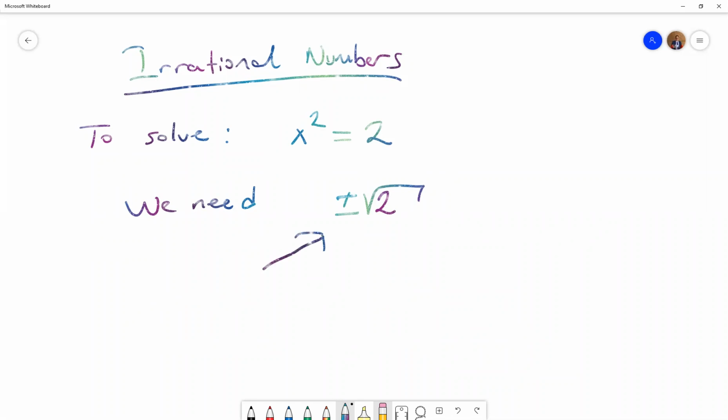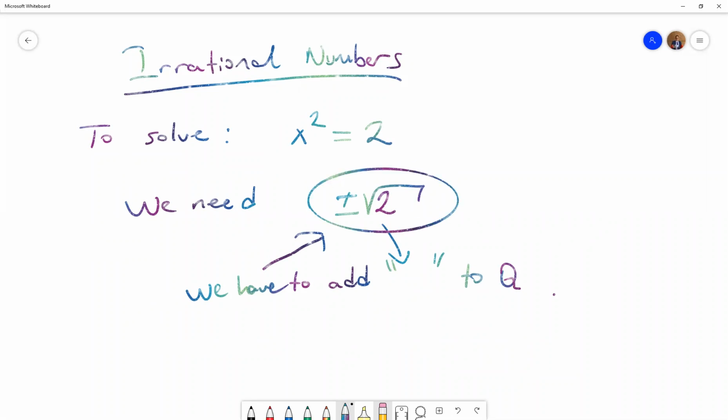So we have to add these numbers to rational numbers. How can we do that? This is not possible with rationals alone. So what are the other irrational numbers?